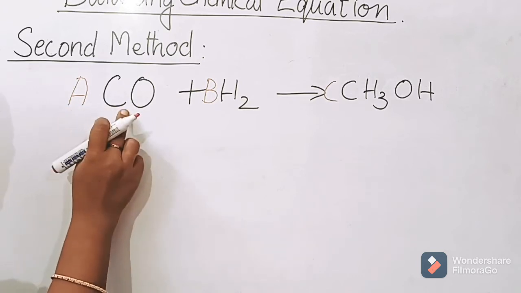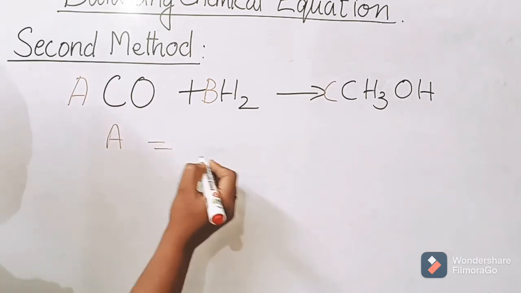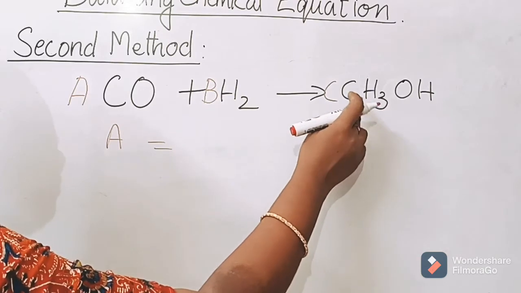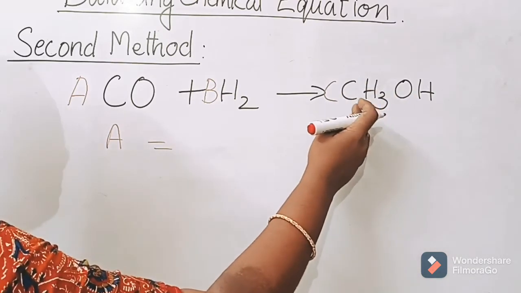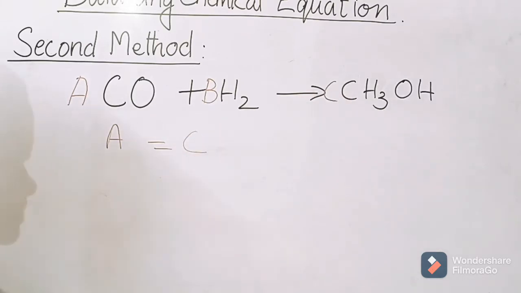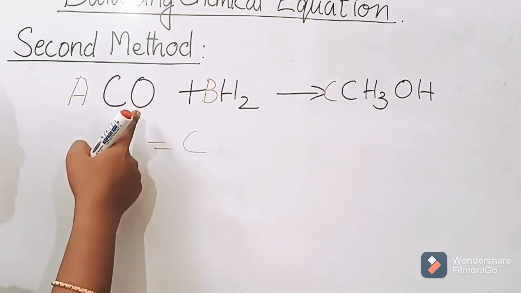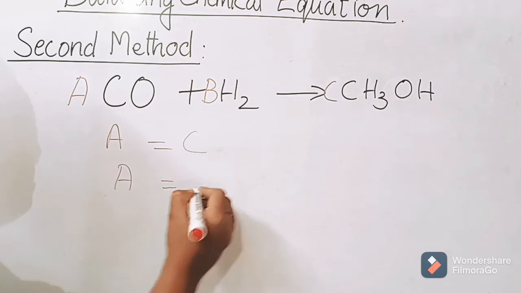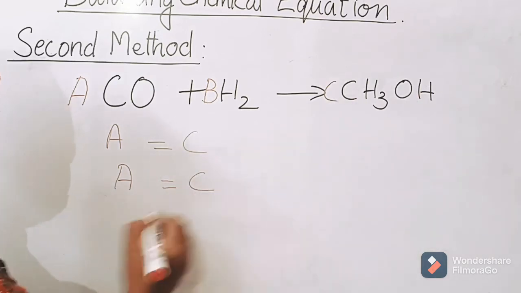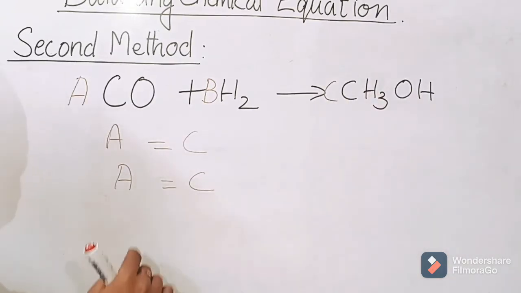Therefore, we will multiply 1 with A. A is equal to, there is only one atom in the product side, therefore A is equal to C. About the oxygen atom, there is only one atom of oxygen in the product side, so A is equal to C. In the reactant side also only one atom of oxygen. So A is equal to C.